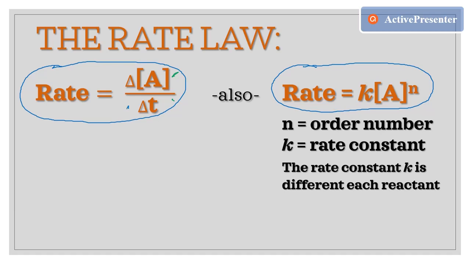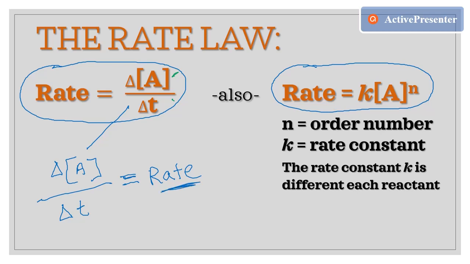So if we take the change in the concentration of A over the change in T for time equals, and this would be equaling the rate. This equals the rate, right? Well, instead of writing rate right here, we can take this other definition.